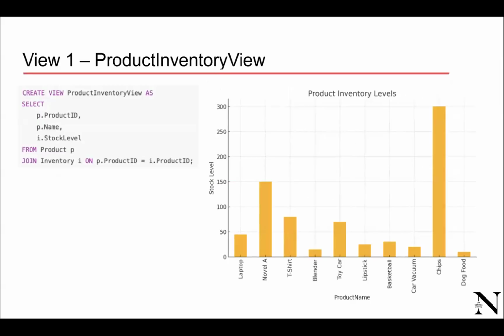View 1: this view displays each product along with its current stock level. It joins the product and inventory tables to help the warehouse team or purchasing managers monitor product availability in real time.